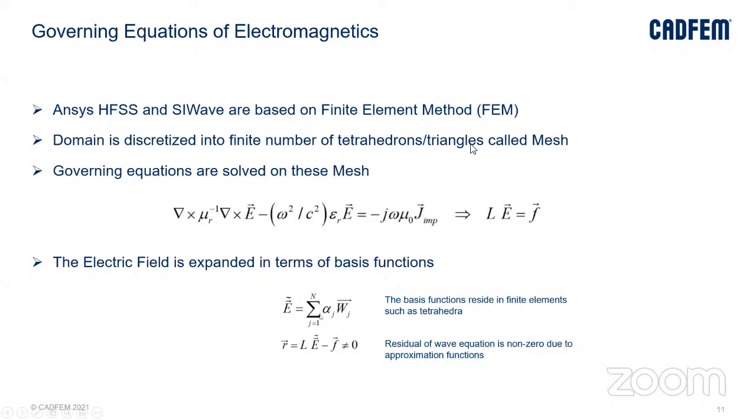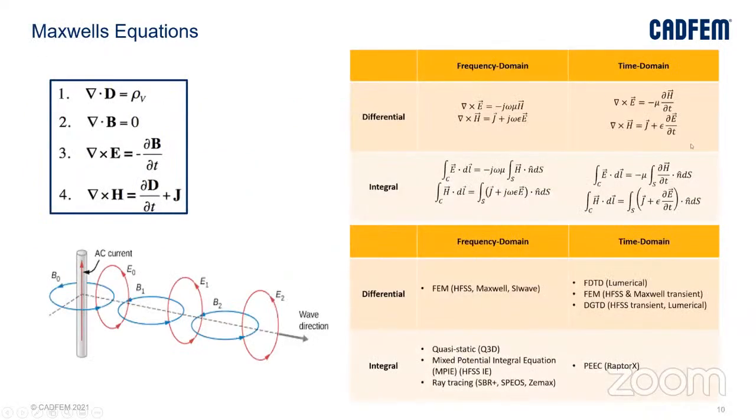So discretizing, dividing the entire structure into smaller forms, we call it mesh. And for the governing equations, when the Maxwell equations are deduced by substituting H in terms of E and E in terms of H, we get this equation.